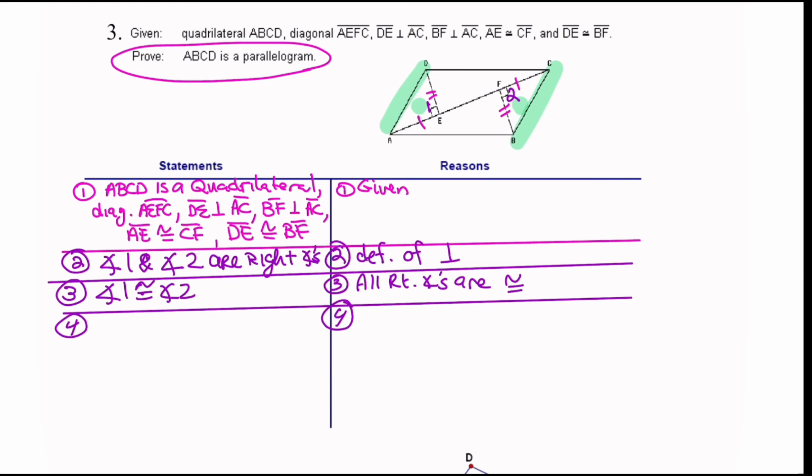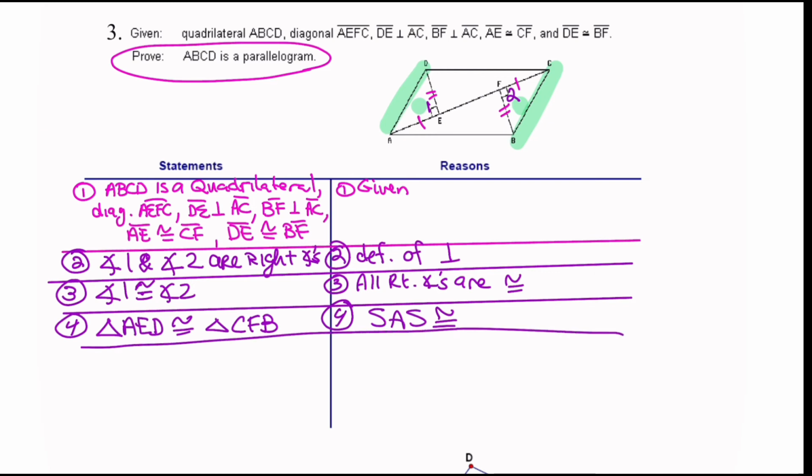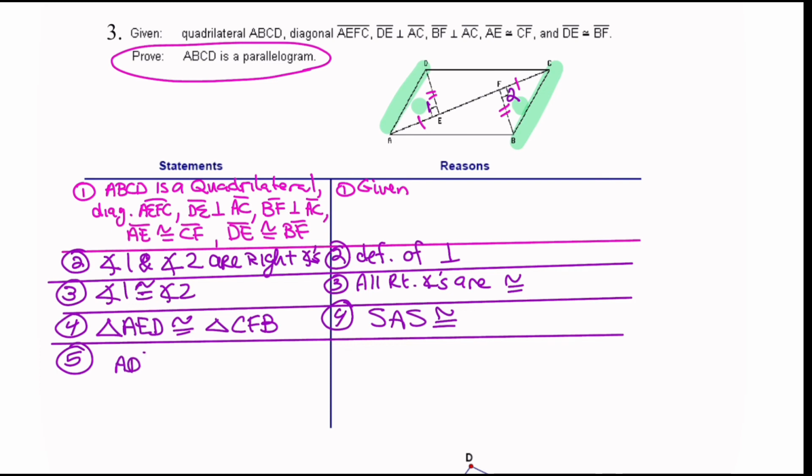Next, we're going to say that the two triangles are congruent by side angle side. Triangle AED is congruent to triangle CFB by side angle side congruence. And because of that, we're going to be able to say AD is congruent to BC by CPCTC.